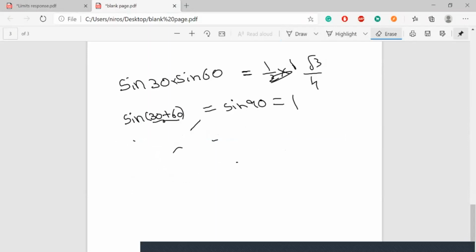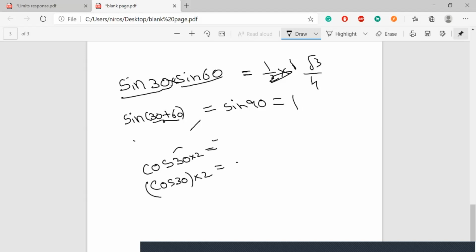Okay. So this one thing you have to be clear: you cannot mix it up. Sine 60 and sine 60 with the parenthesis, they are both different entities. Okay. Cos 30 into 2 and cos 30 into 2.